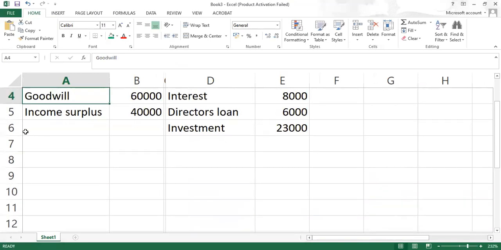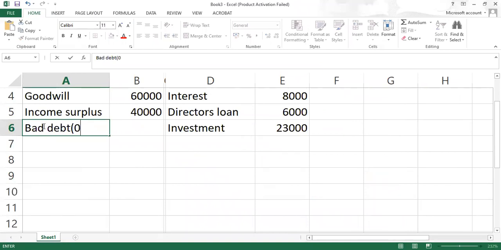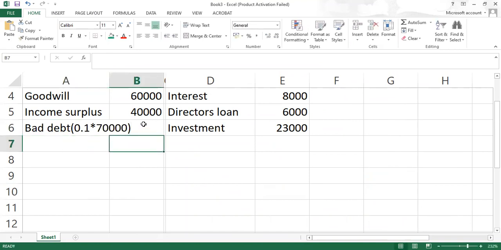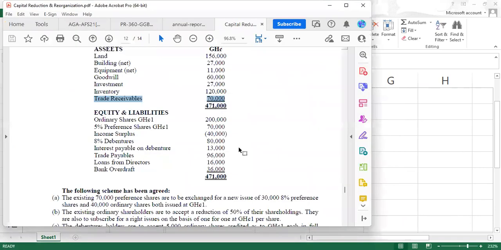So we come here, bad debt should be 0.1 times 70,000, right? Yes. That gives us 7,000. So what will be the balance for trade receivables now? What will be the new balance that we send to statement of financial position? 63,000. That is cool.